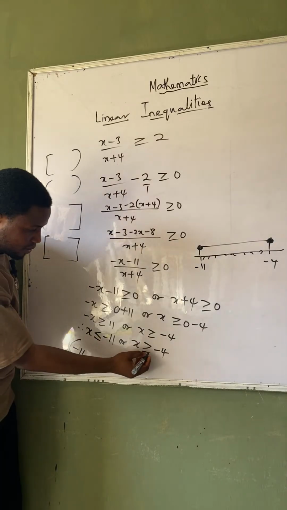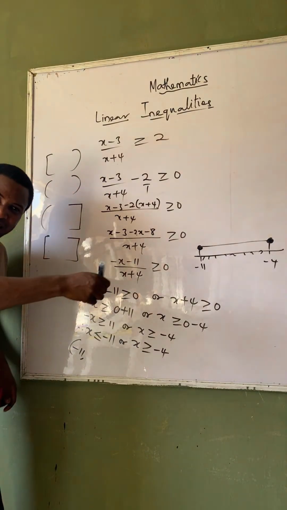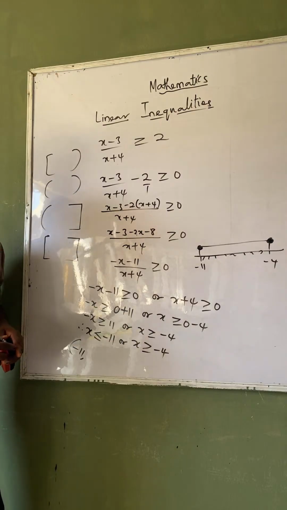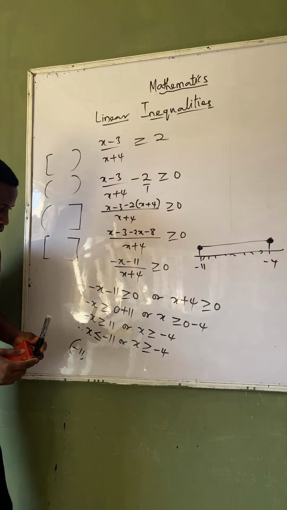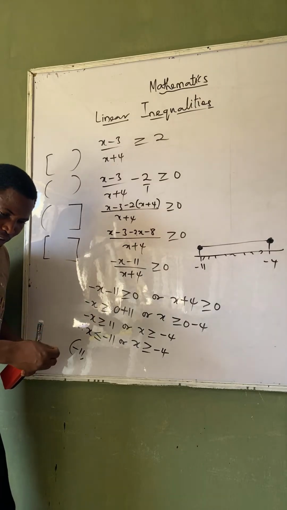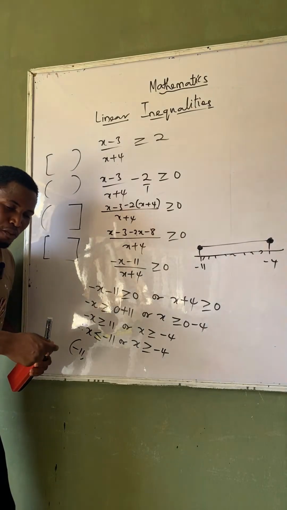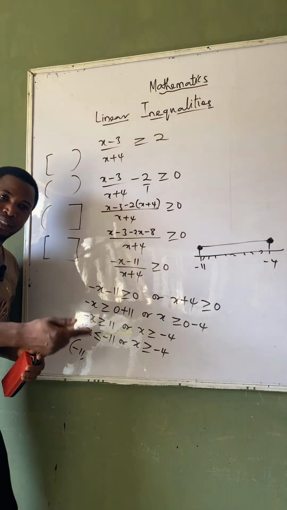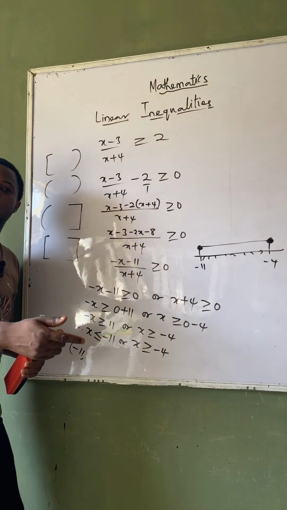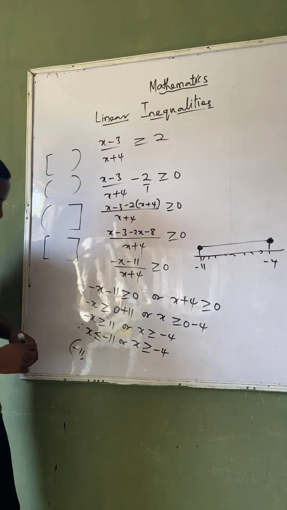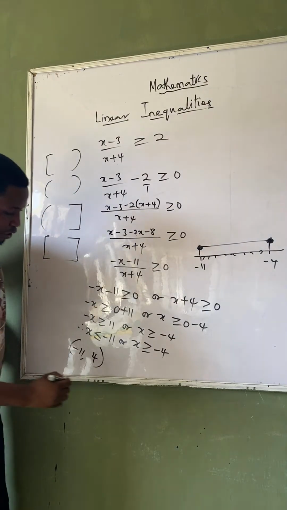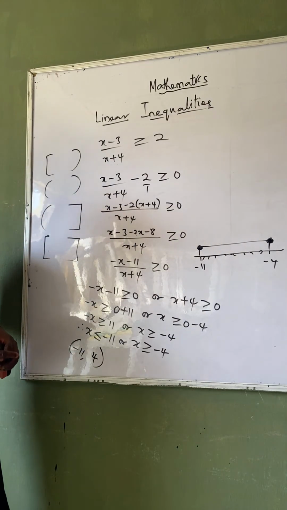Then how about this? x is greater than or equal to what? Minus 4. Look at it. That means minus 4 is inclusive. Then it can also be more than minus 4. That means I have minus 3, minus 2, going to where? Positive infinity. So that's why I'm using an open bracket. So this is the right answer for that.